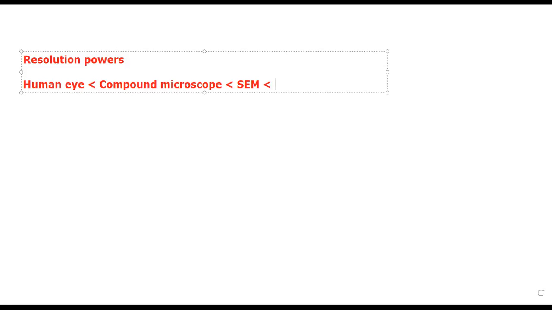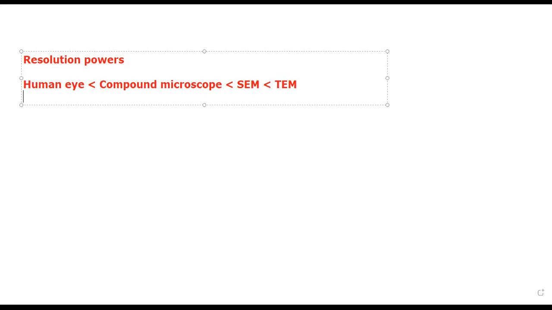Compared to SEM, TEM has a greater resolution power. If you take them in values, value wise, TEM is the smallest. Understood? Am I right? Are you clear? Clear, sir.